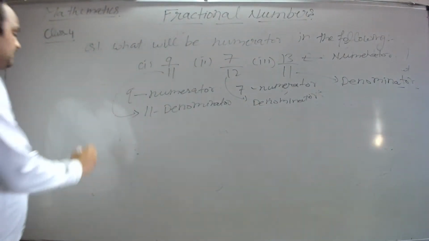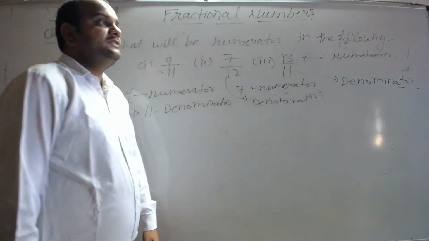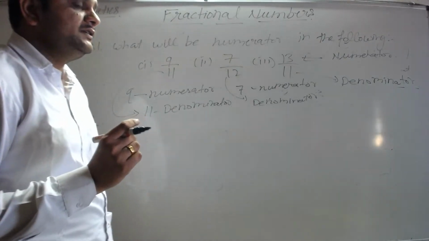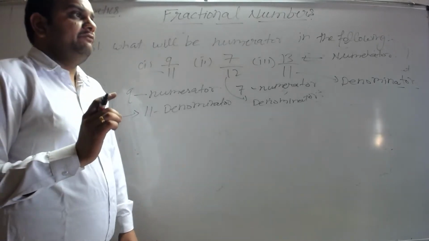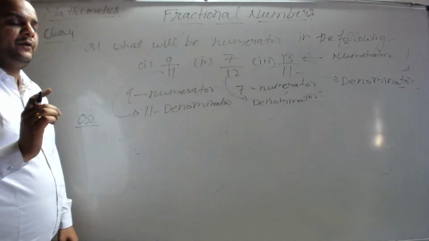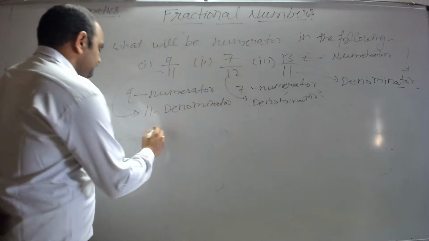Next question. Generally, in questions to find out half of any number, we will divide that number by 2 to find out the equal parts of that number.